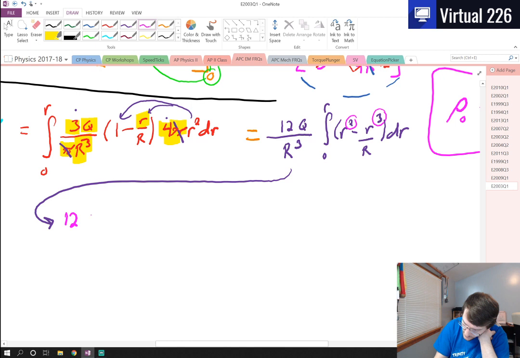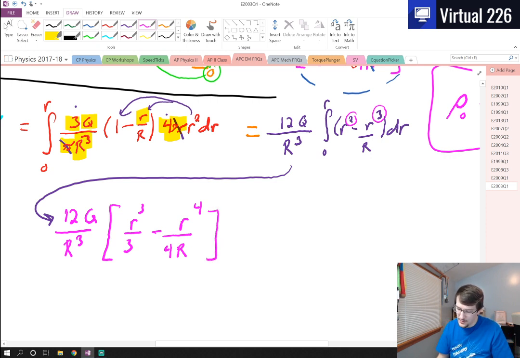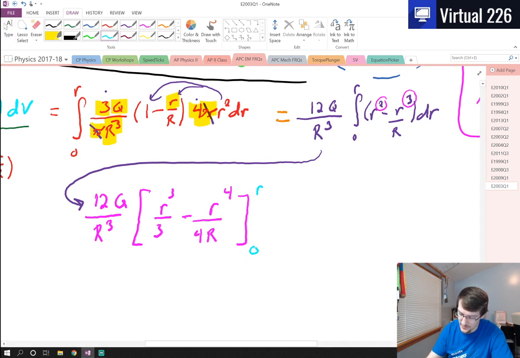So I'm going to have 12q over R cubed, because that's our constant, doesn't change, multiplied by the quantity of, here's the integral, r cubed over 3 minus r to the 4th over 4R, and then we are integrating this from 0, some interior point, that center of the sphere, out to some point little r here. So interestingly enough, when we put in the little r, it stays exactly the same, and when we put in the zeros, nothing happens there.